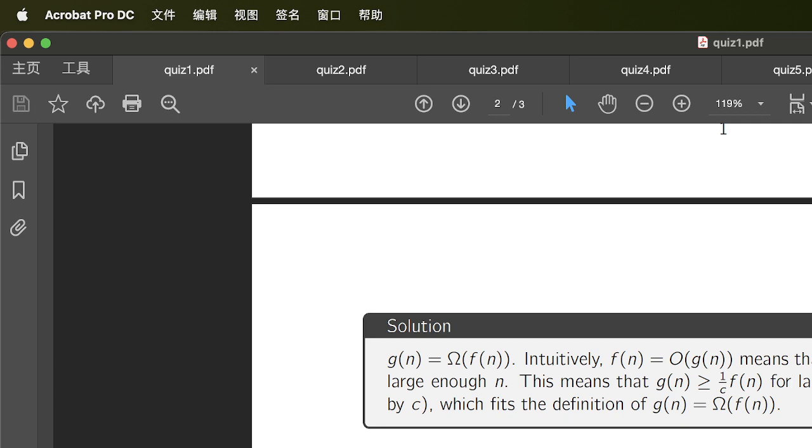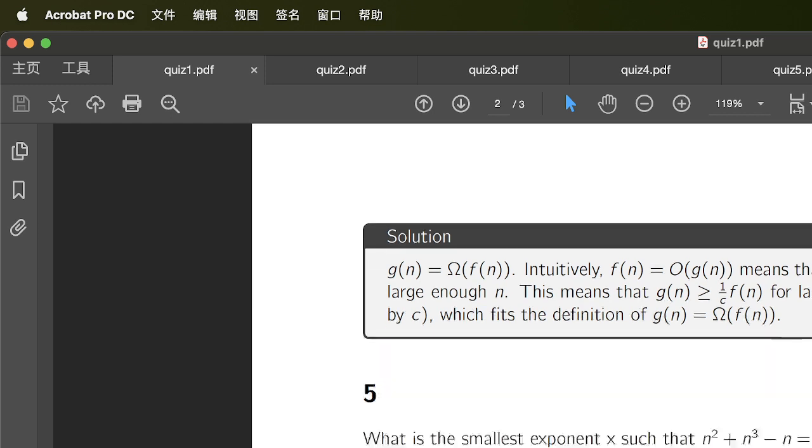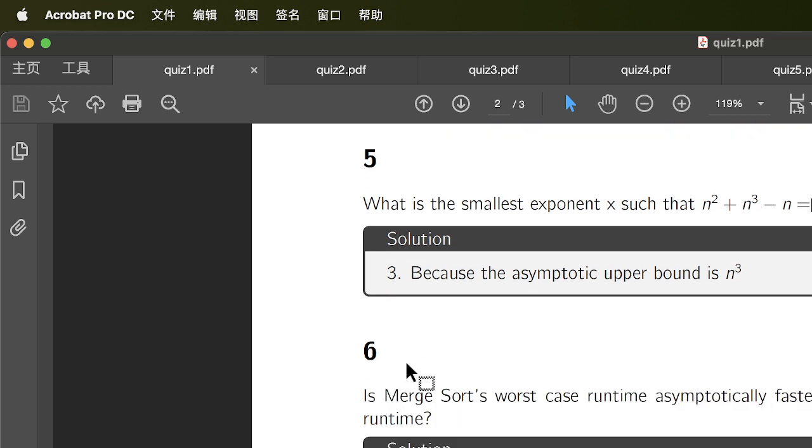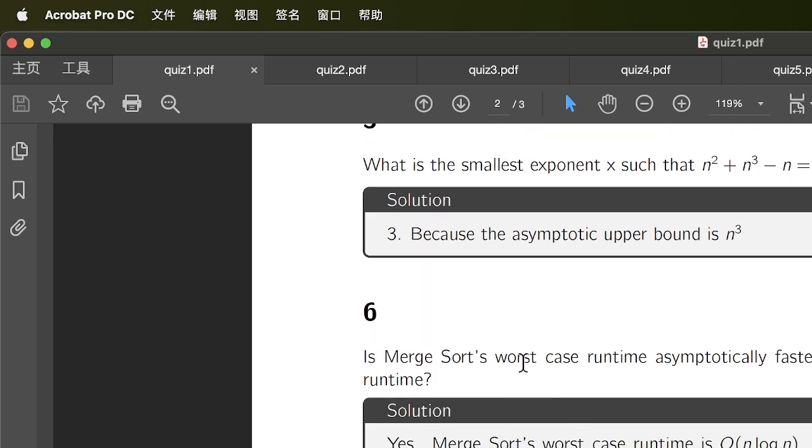So firstly, we ignore the n, and we ignore this n squared because they both grow slower than n cubed. So we got n cubed left. So x should equal 3. Yeah, because it's an asymptotic upper bound, right?